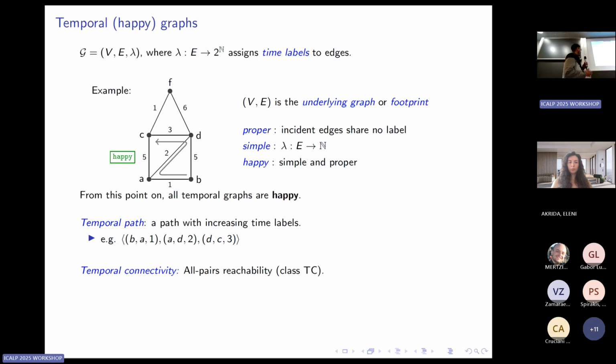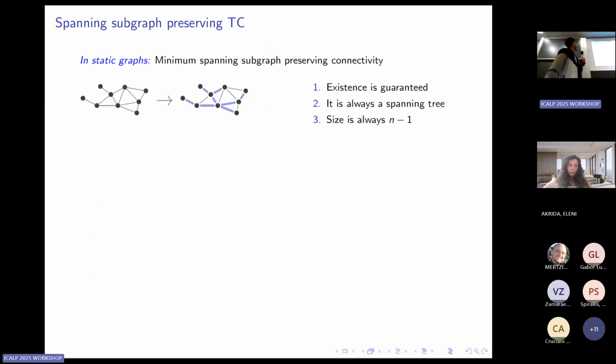And we say that a temporal graph is temporally connected if all pairs can reach each other. One may check that this temporal graph is temporally connected. I will drop the adjective temporal because otherwise it will be annoying.